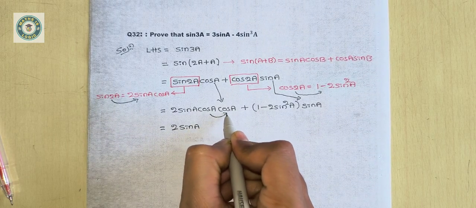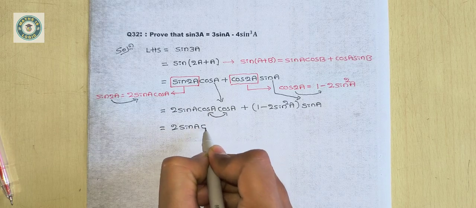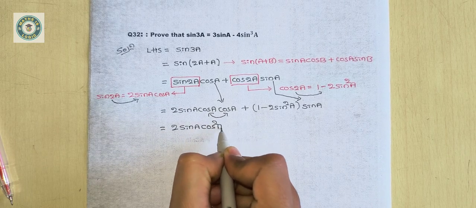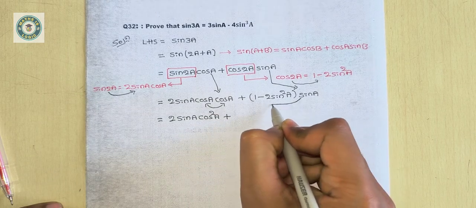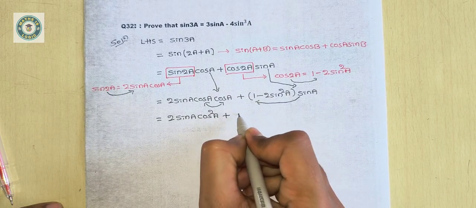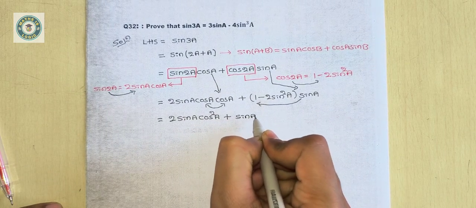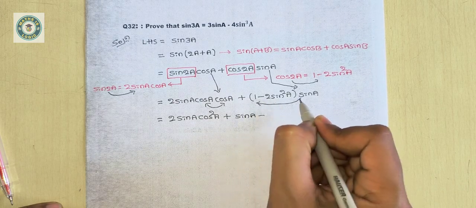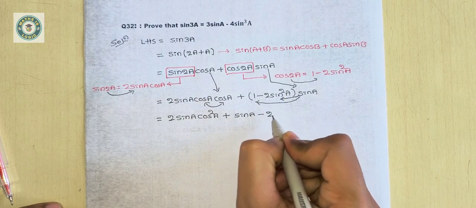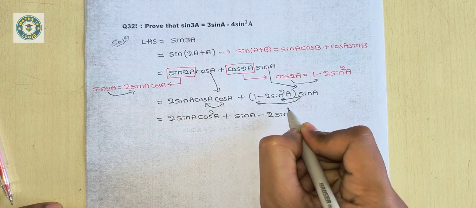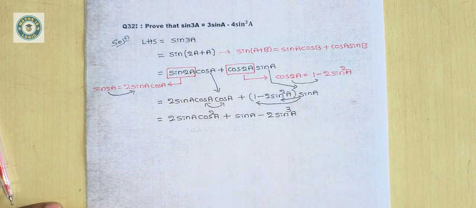Next, multiply these two. Cos into cos goes to cos square A. Next, plus, open the bracket. Sin A into 1 is sin A, plus into minus is minus. Next, sin A into 2 sine square A is 2 times sine cube A.